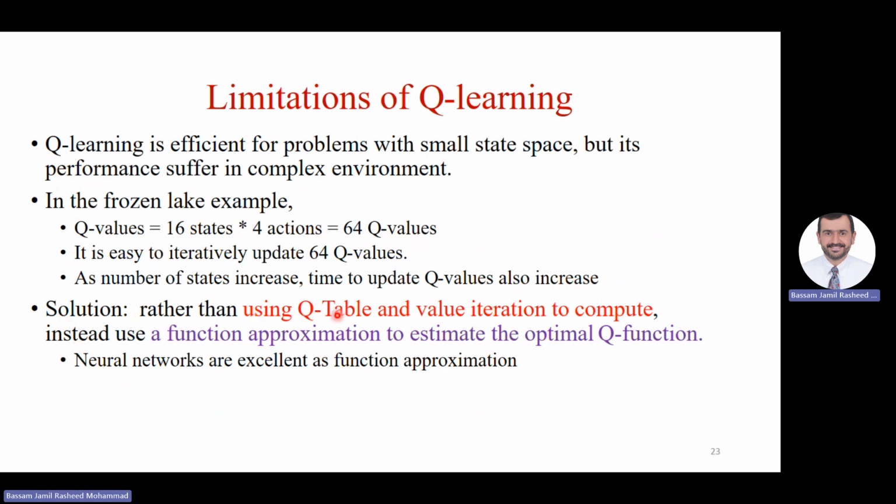Well, instead of using the Q table and this update equation, we can do a functional approximation, and nothing beats the performance of a neural network. So now, for complex problems, we'll take out the Q table and the update equation and plug in a neural network in their place.